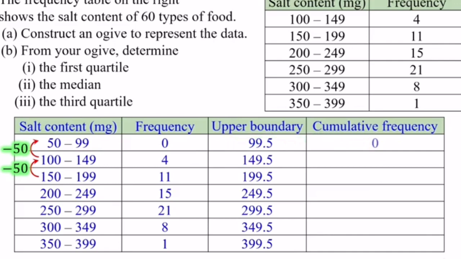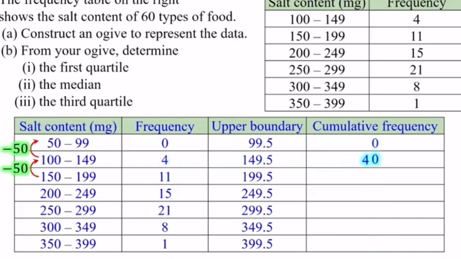You can highlight it like this, 0 plus 4 is 4. And we keep on adding the frequency class by class as we proceed to the next class.